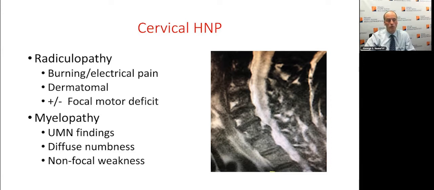It usually follows a dermatome, and sometimes you'll have a focal motor deficit. So a patient will lose the ability to lift their arm over their head or to extend their elbow. If the disc herniation is large enough and presses on the spinal cord, it can cause myelopathy. Myelopathy will present as upper motor neuron findings, diffuse numbness, and more of a non-focal weakness.